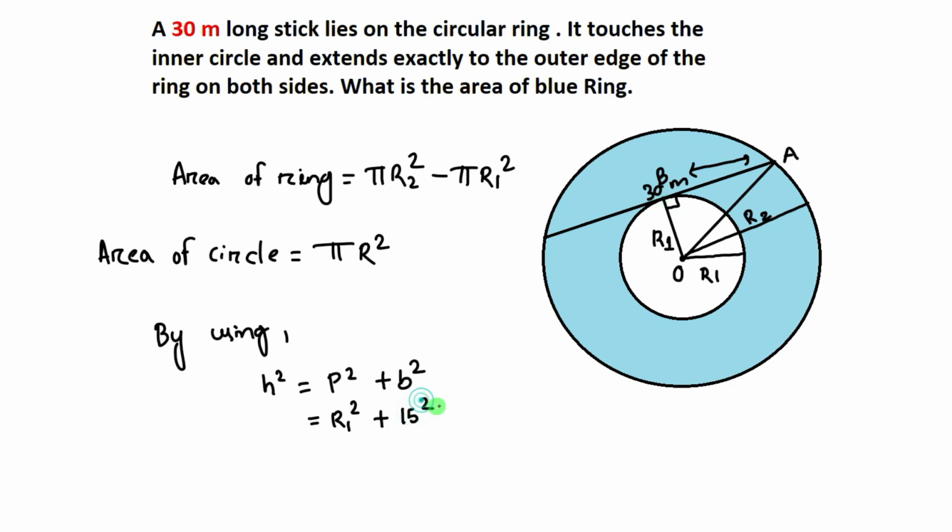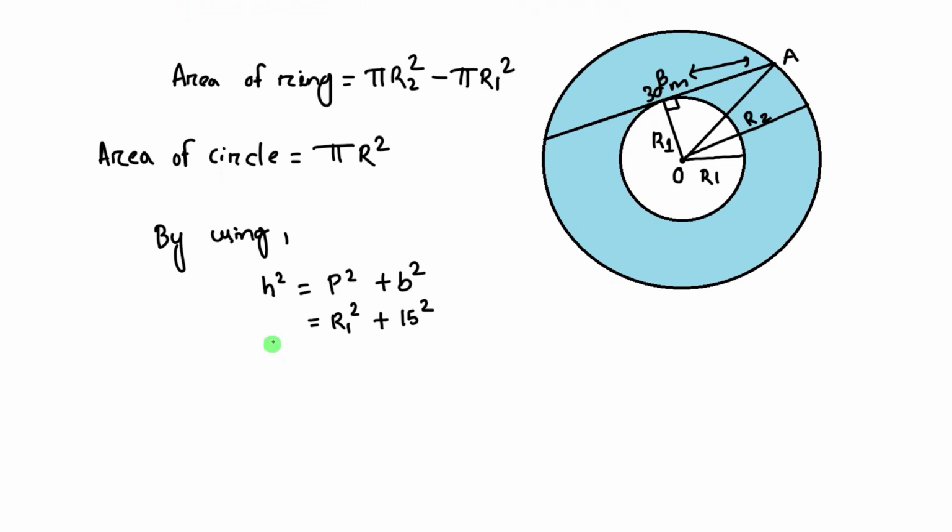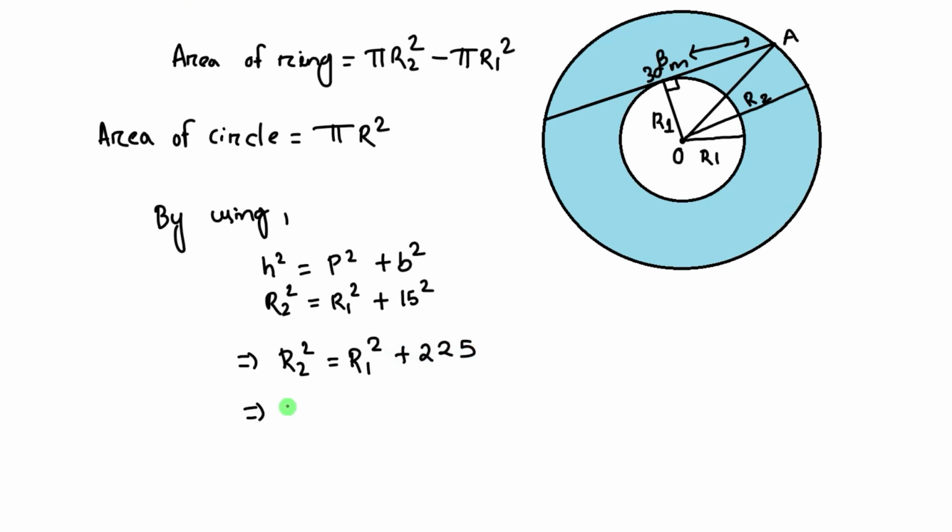So I'll write 15 square. Now AO is the hypotenuse of this triangle, so I'll write R2 square. This implies R2 square equals R1 square plus 15 square, which is 225. In the next step, R2 square minus R1 square equals 225.